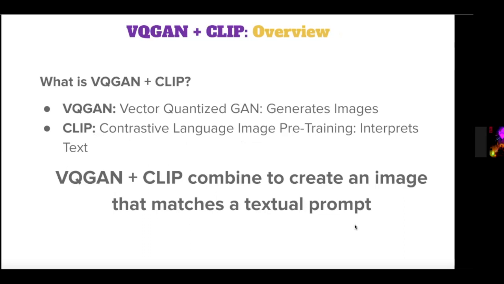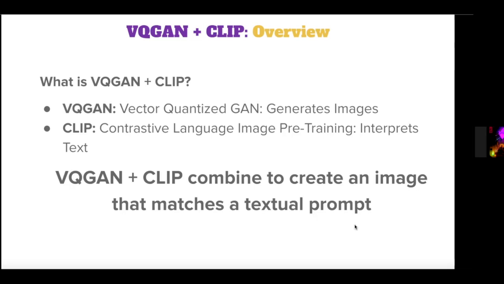Essentially, VQGAN and CLIP uses an adversarial neural network to generate images, but then uses another program called CLIP to try to match those images, using the GAN, to a language prompt. So essentially it creates an image based on a textual input. I definitely recommend watching the last video for some really in-depth examples of that.